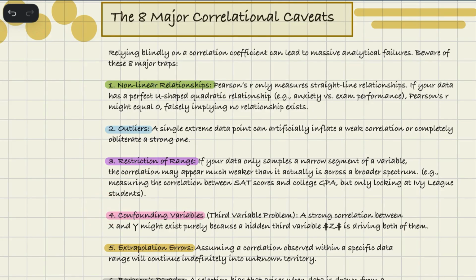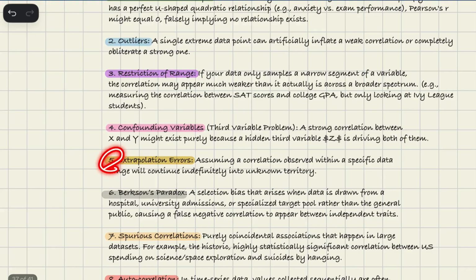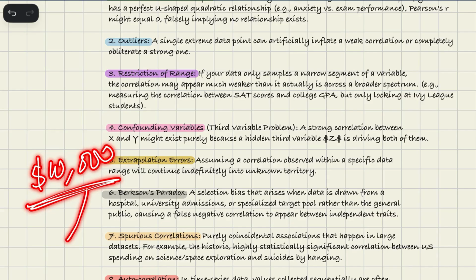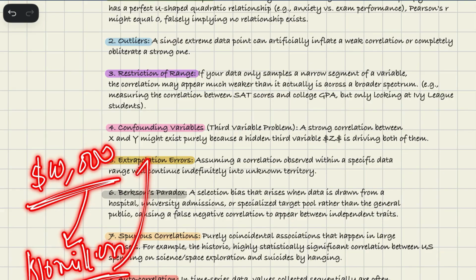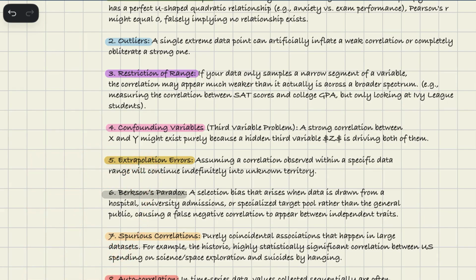Then comes the extrapolation errors. This is the mistake of assuming a correlation observed within a certain range will continue forever into unknown territory. So a company's revenue might correlate perfectly with ad spend up to $10,000, let's say, but multiplying that ad spend to $10 million won't yield infinite exponential growth due to market saturation, right?